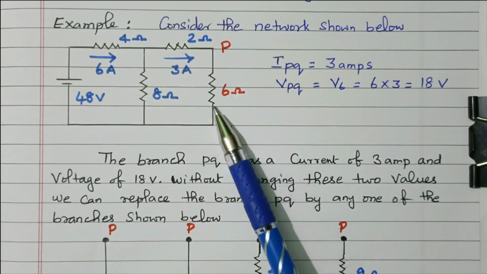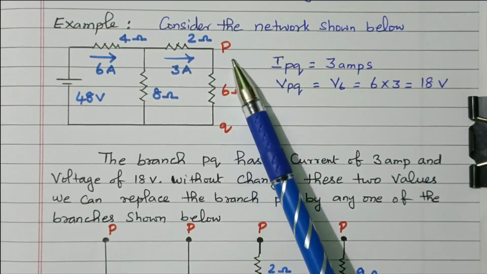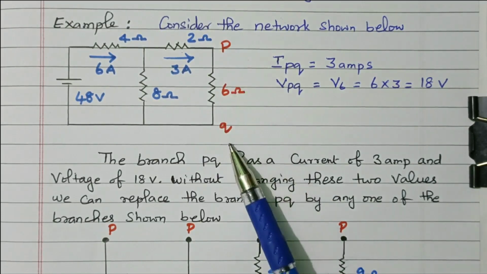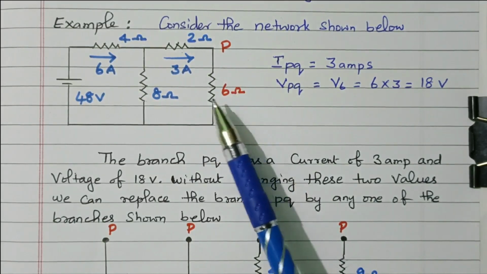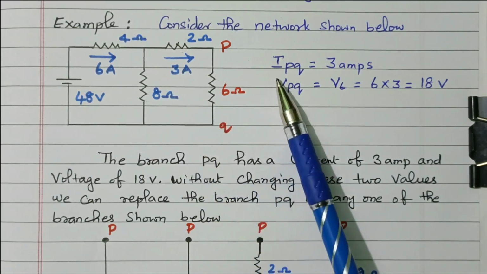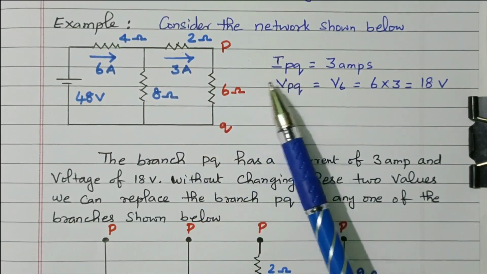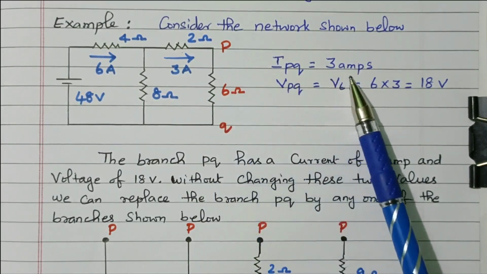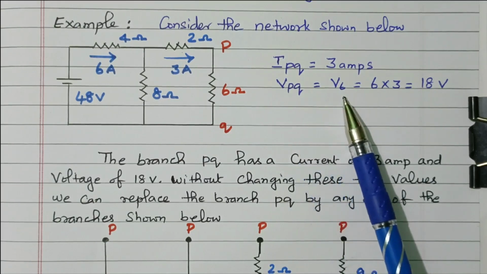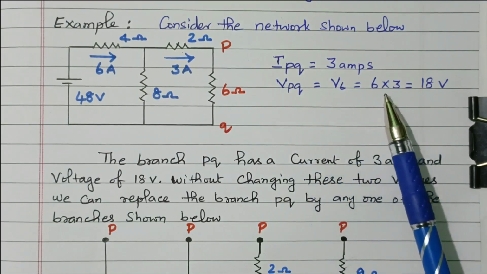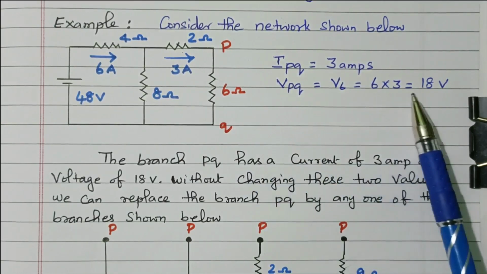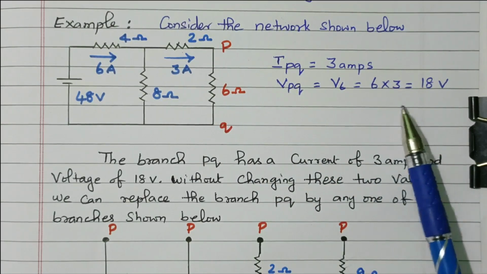Now we are going to replace the branch between the terminals P and Q, where the 6 ohm resistor is available and 3 ampere is flowing. What is the current through this branch? The current flowing through PQ, I_PQ, is 3 ampere. The voltage V_PQ is V equal to I into R, with I as 3 ampere and R as 6 ohm, so 6 into 3, 18 volts.